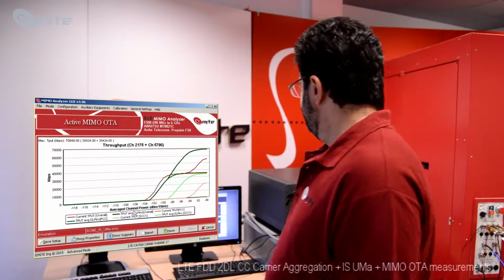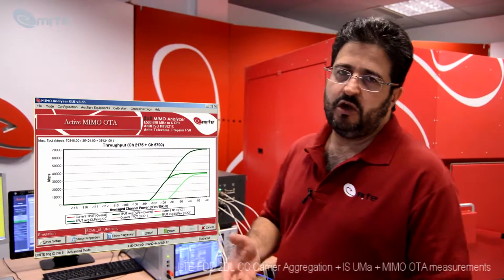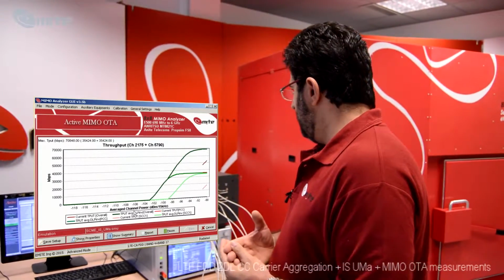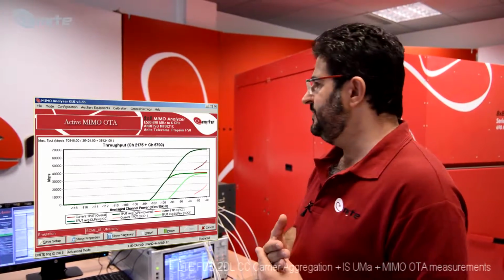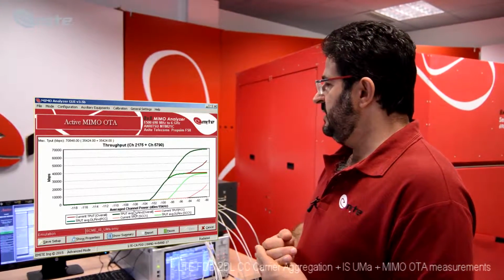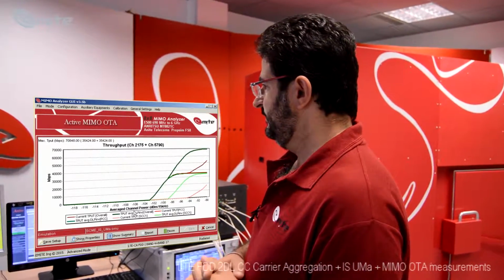So we are just going to let it finish for some time. We can see on the screen in the video how everything can be monitored on this complex OTA system. And when the measurements are finished, we will have a look at the report that is automated also by the software.